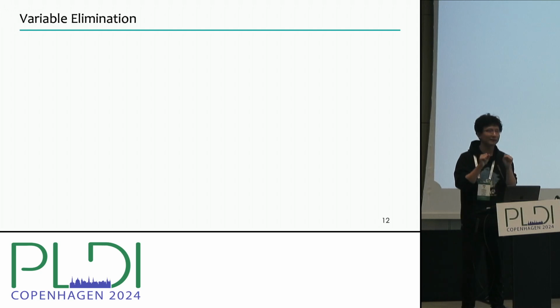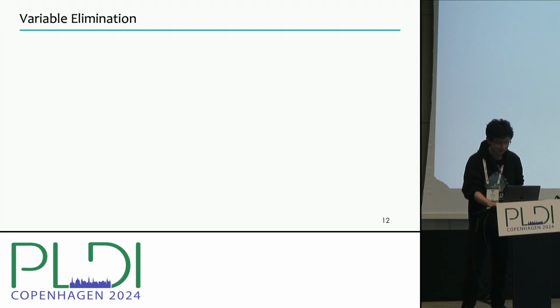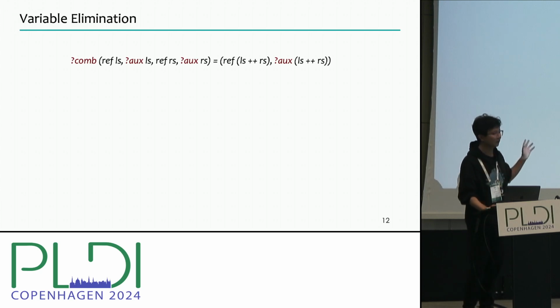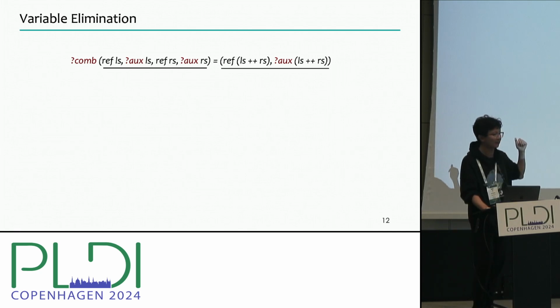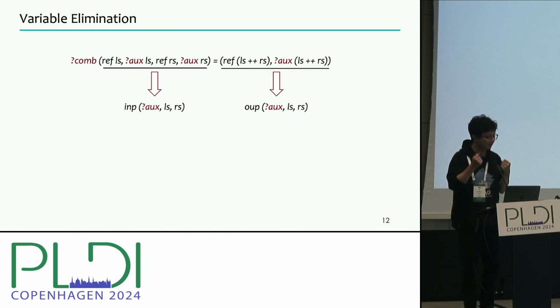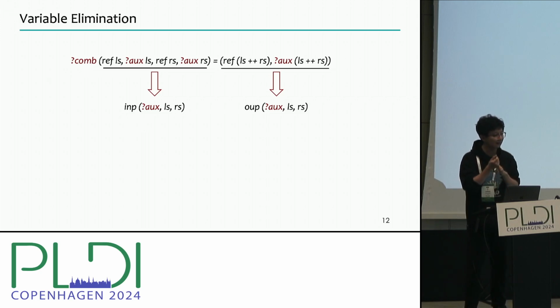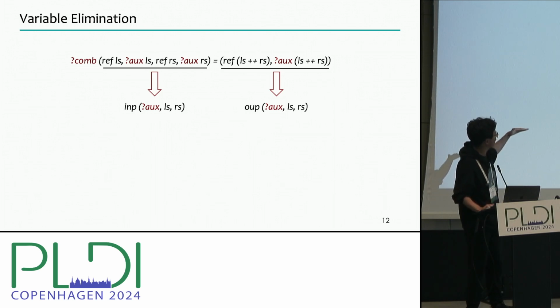It is based on two observations. First, our original specification itself is already in an input-output form for the combinator. And these input-output expressions can both be regarded as functions related only to the auxiliary function, the left list, and the right list. So they can be regarded as input and output generators for this combinator.